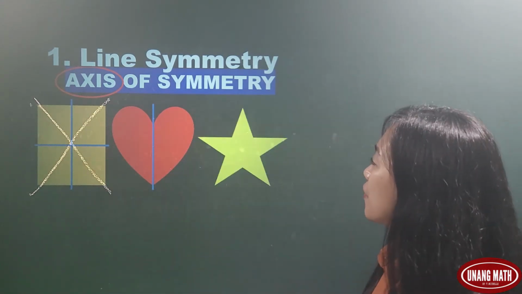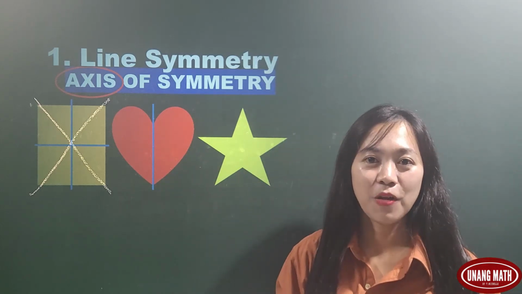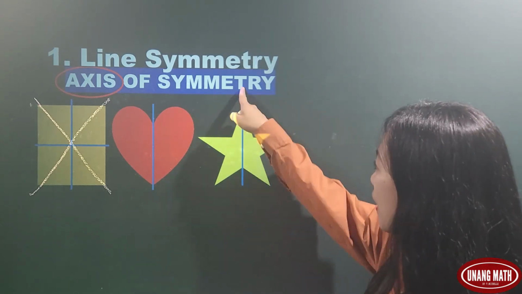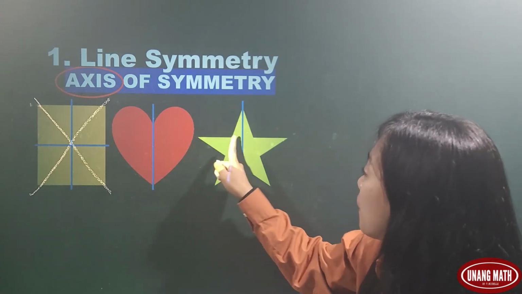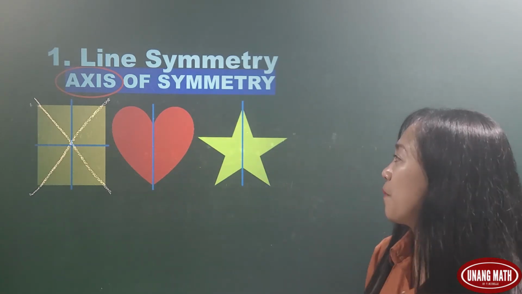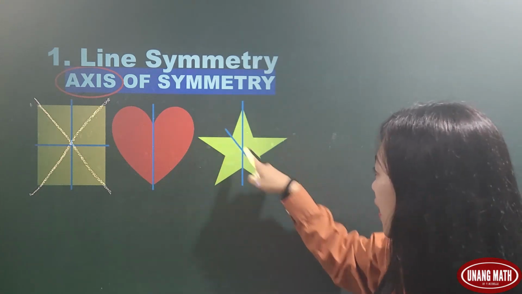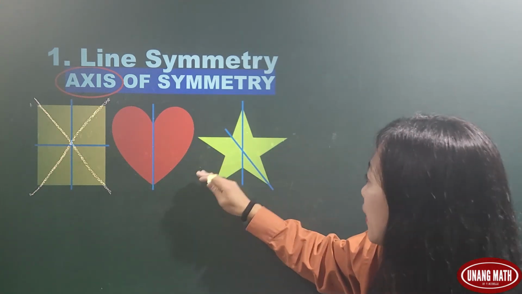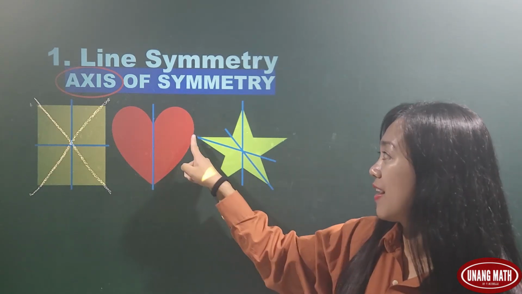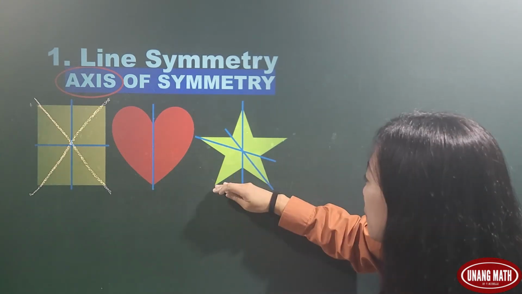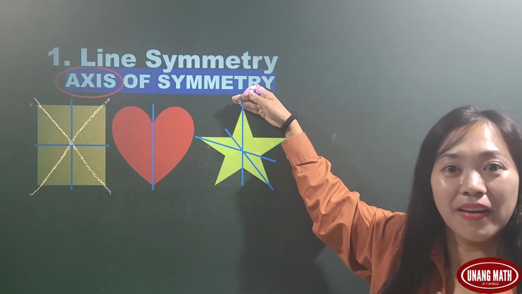Okay, another figure, ang star. Okay, ang axis of symmetry ay pwede sa part na ito. Dahil ang part na ito ay equal lang sa part na ito. Okay, another axis of symmetry. Okay, this line. This part is equal sa part na ito. Okay, one more axis of symmetry ay ang line na ito. So, this part ay equal lang sa part na ito.